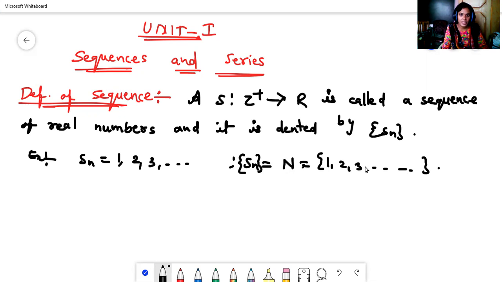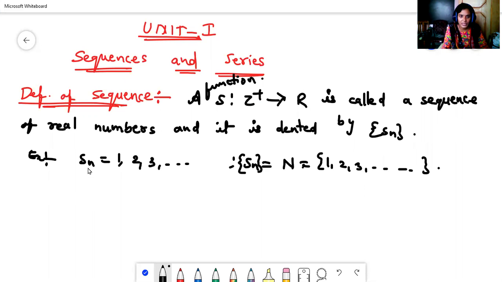The definition means a sequence Sn or a mapping Sn or a function S from Z plus to R is called a sequence of real numbers, and it is denoted by Sn.